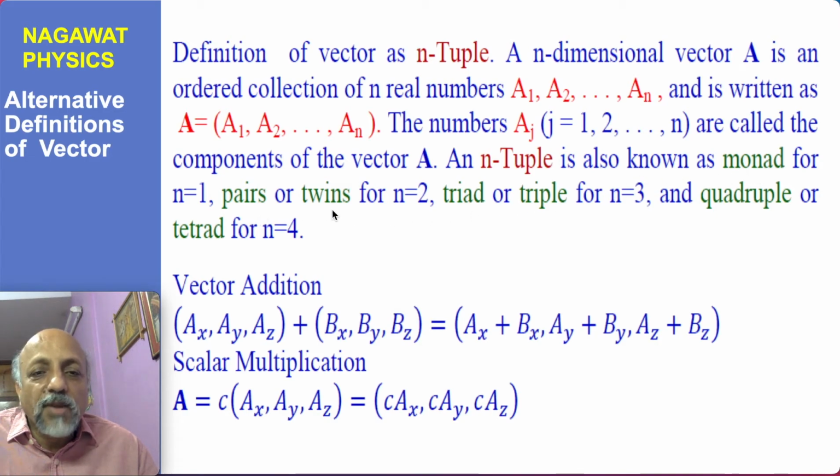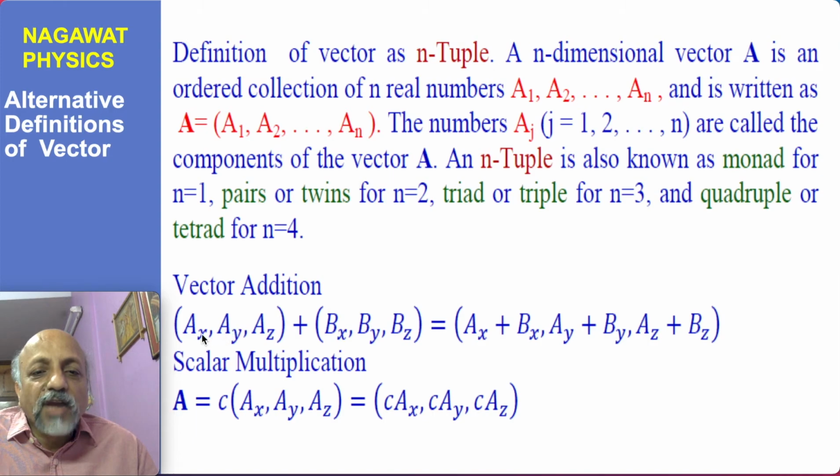If your dimension is 2, which we have already considered, then the n-tuple would be called a pair or twin. When the dimension is 3, it is a triad or triple, so you have three numbers, and a quadruple or tetrad when n equals 4.